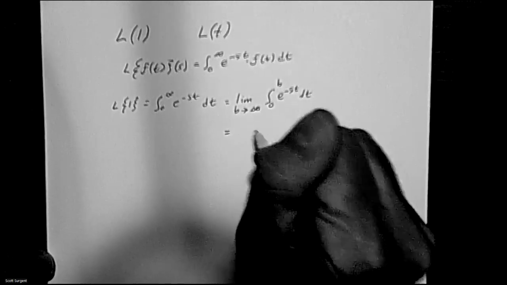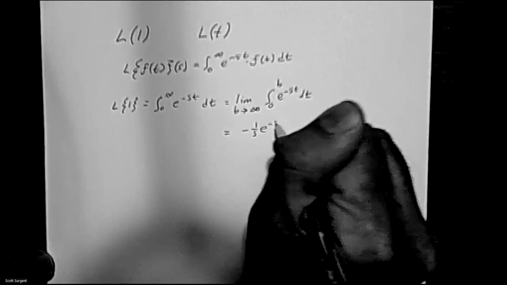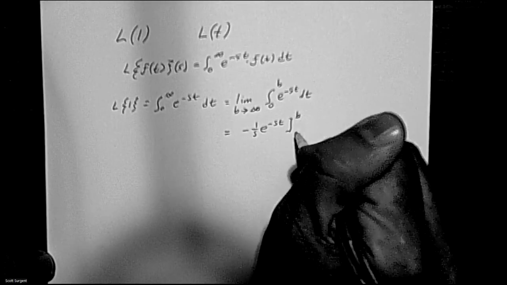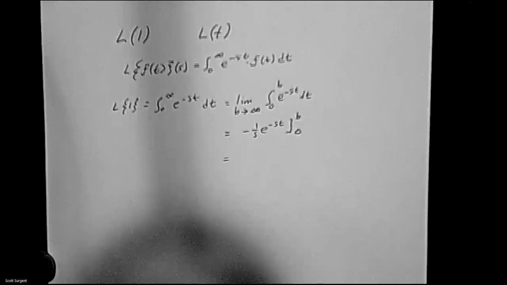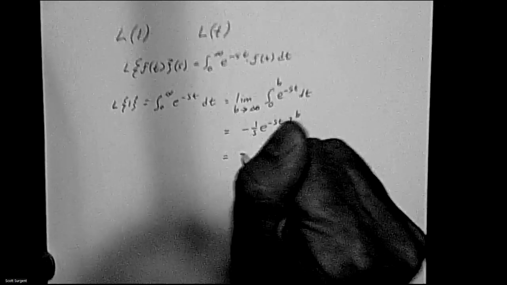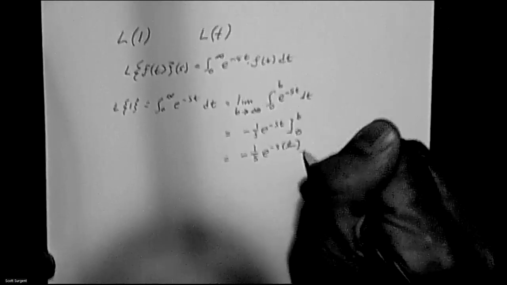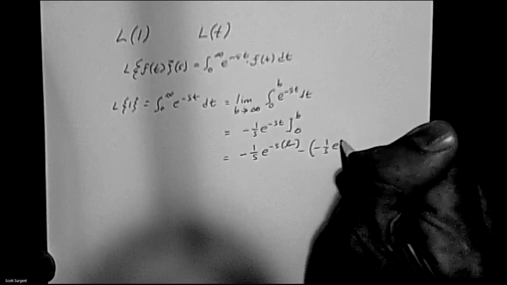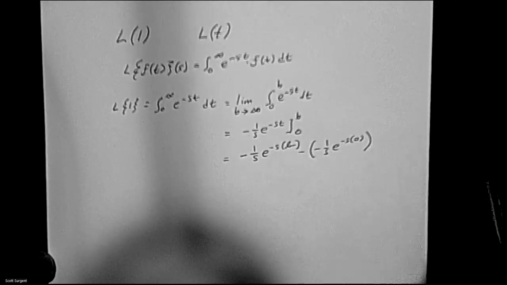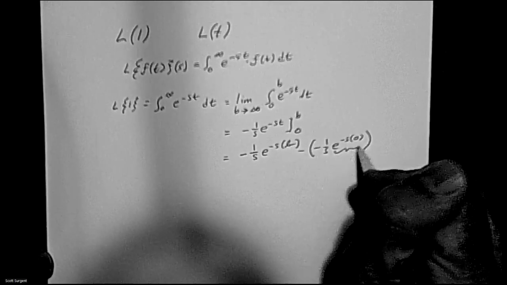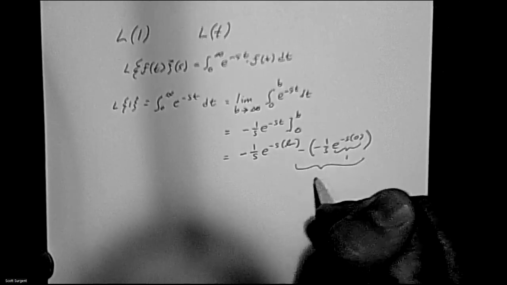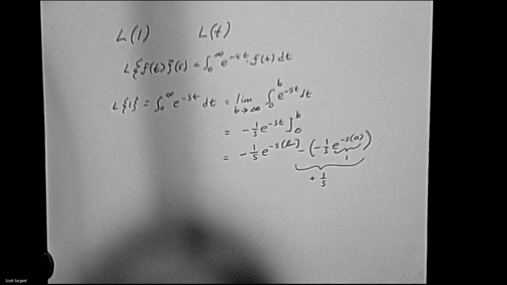And then we just integrate. It's negative 1 over s e to the negative st, from 0 to b. We take the limit. In the second case, that's just 1, so this whole thing is 1 plus 1 over s.